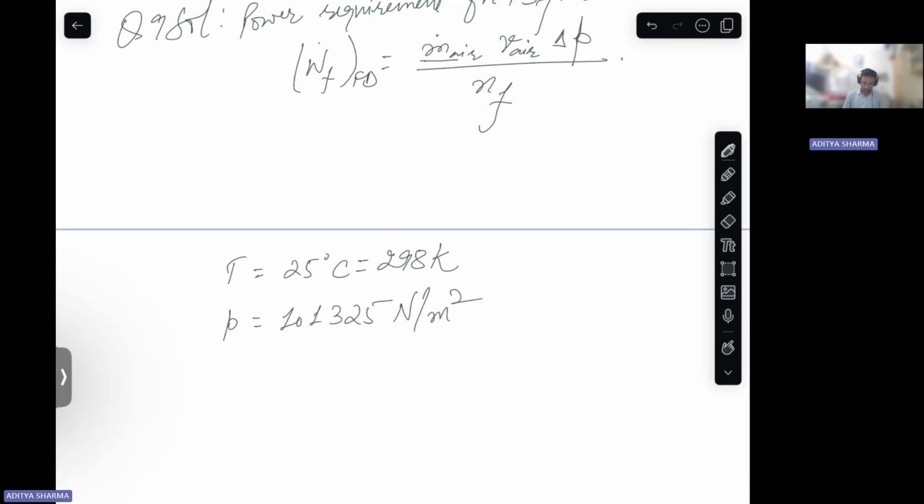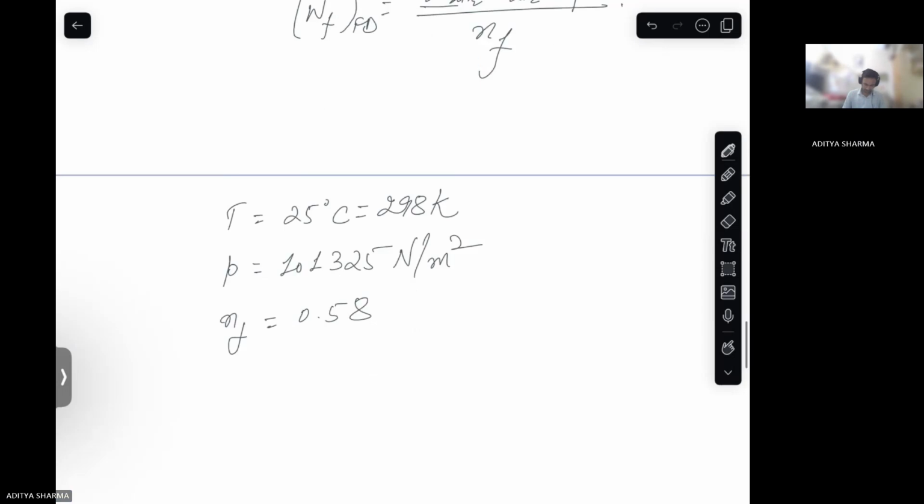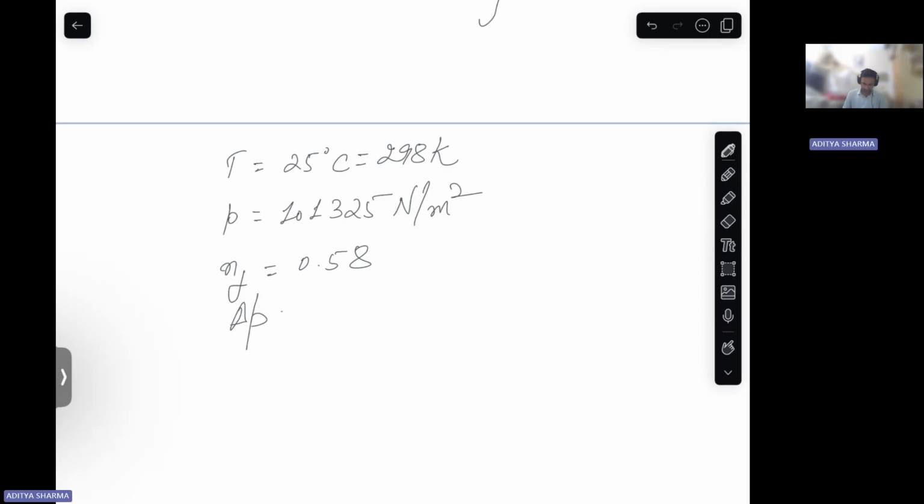Okay. Then efficiency is given as 0.58. And the pressure difference, delta P is 1.5 kilonewton per meter square, right? So all this has been given to us.